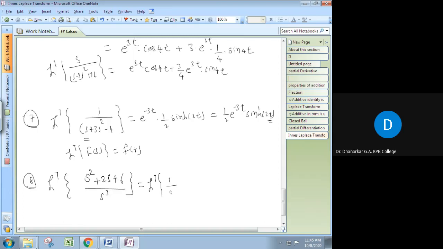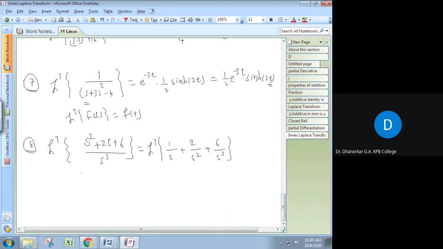This becomes 1 by s plus 2 divided by s square plus 6 divided by s cube. I will take the inverse Laplace transform separately: L inverse of 1 by s plus 2 into L inverse of 1 by s square plus 6 into L inverse of 1 by s cube.